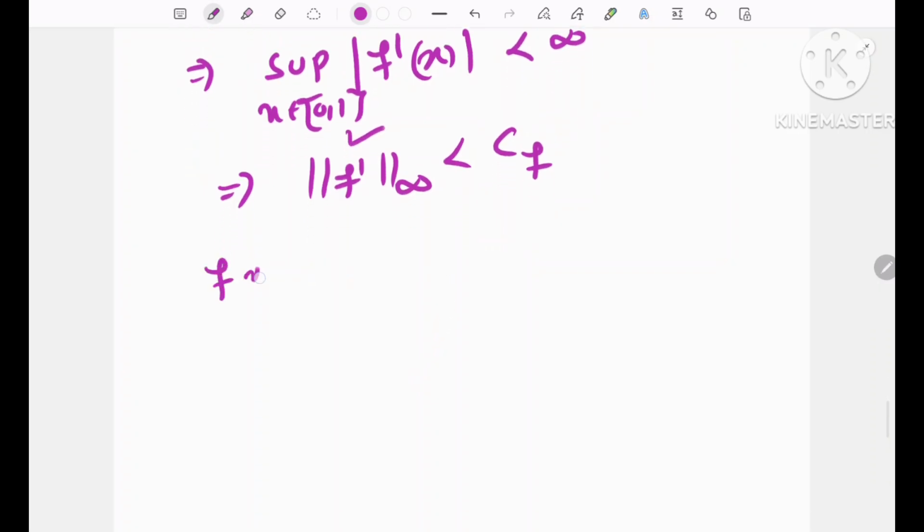Now we will check the modulus of f of x minus f of y divided by x minus y.